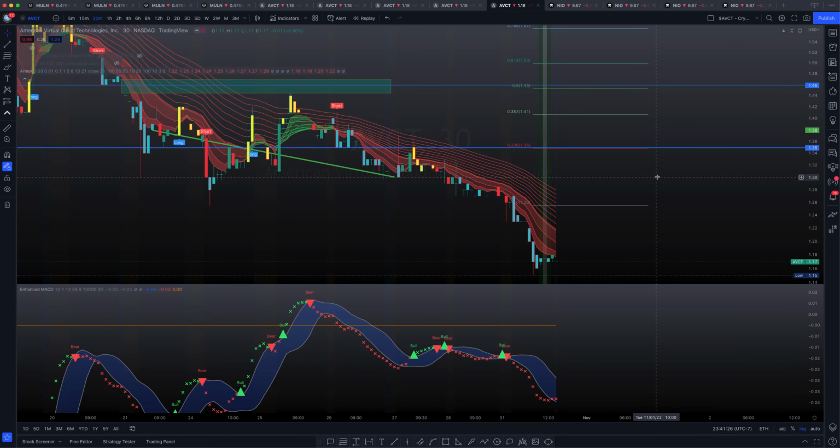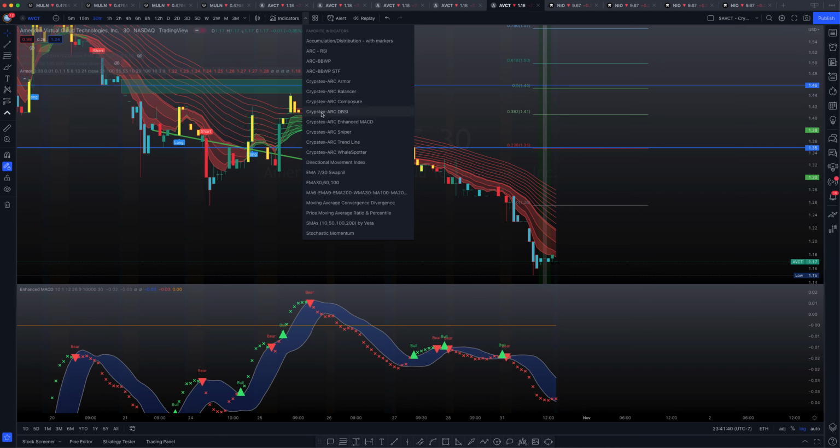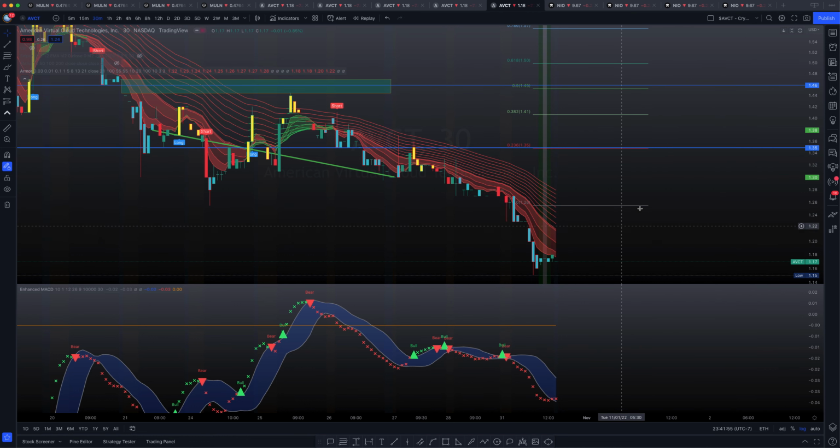Now, you guys, if you can take a look at this right here, this is also giving us a short signal. What you're looking at here is an indicator. This indicator is called ARCa, and it is in partnership with Crypstex Trading. I have partnered with them, and they have created a set of indicators named after me. So ARCa is what I'm using right now. There are several indicators for us to use for the immediate short-term trading, like momentum style, scalp style, day trading style.